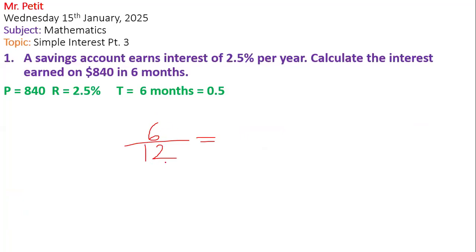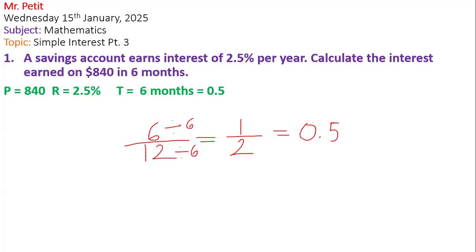And we divide both top and bottom by what? By 6. 6 divided by 6 is 1, 12 divided by 6 is 2. And this is going to be equal to what? A half, 0.5. We wanted it as a decimal, right?